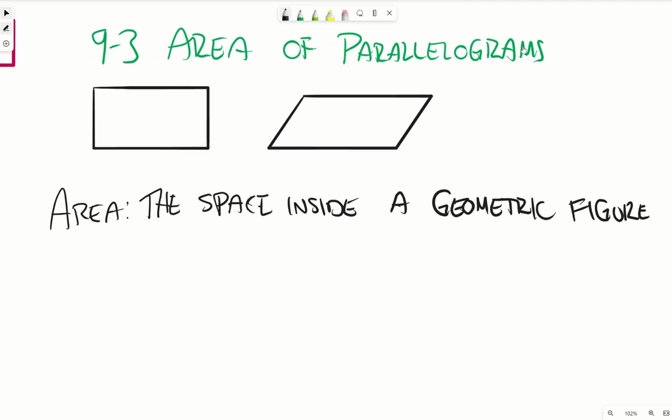Okay, so when we're thinking about area of a rectangle, area of a rectangle is the length times the width. Area equals length times width.